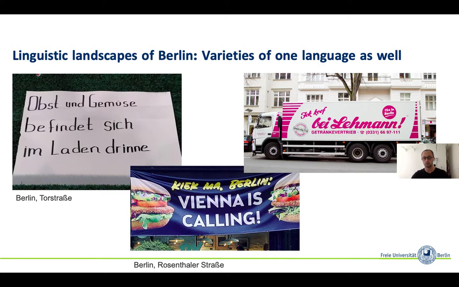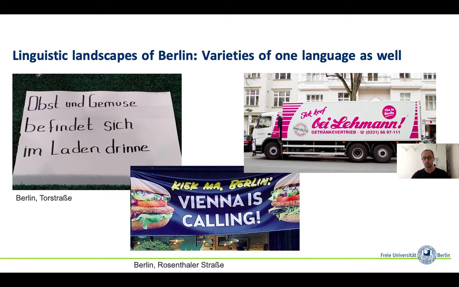And here I have three examples of the local Berlin variety of German, or non-standard varieties of German, right? And there are two examples of sort of private but rather official signage, right? With Kikma Berlin, Vienna is calling, and Ich kauf bei Lehmann, right?